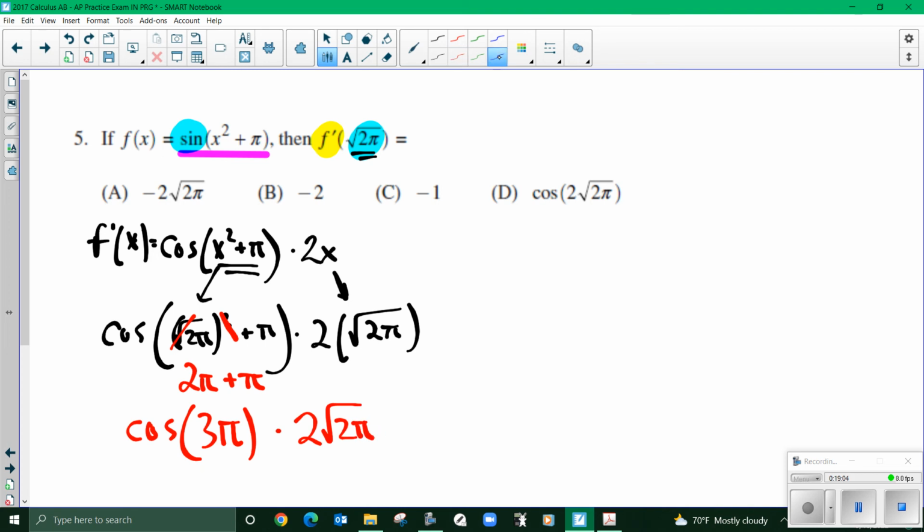I need to find the cosine of 3 pi without my calculator. You better remember what the graph of cosine looks like. All right, here's 1 pi, here's 2 pi, and here's 3 pi. I'm just going to put a couple tick marks in between.